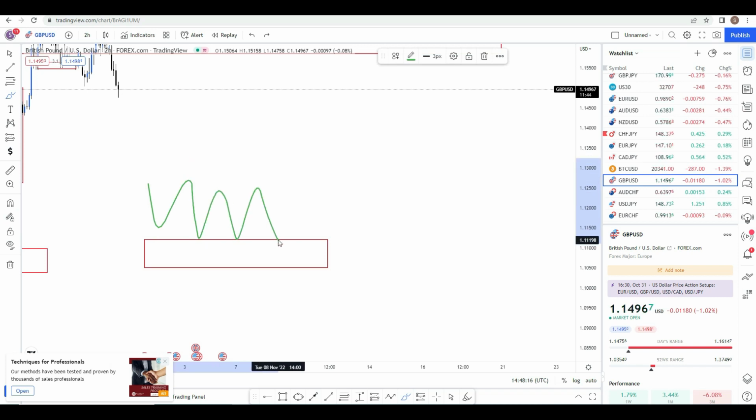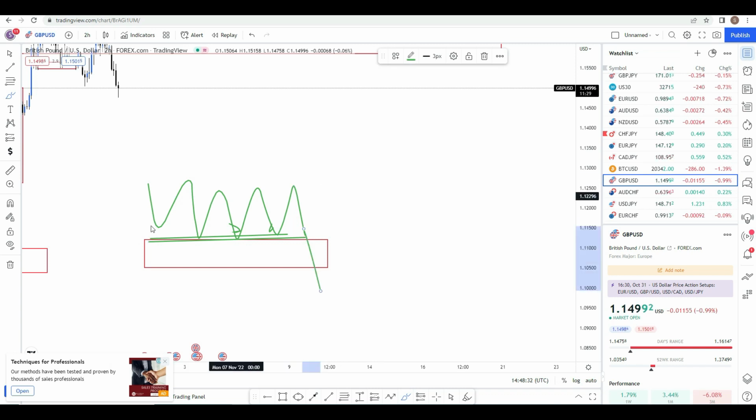When this happens, this means that chances of you actually trying to buy here are decreasing. Because when we have a base area being tapped into many times, that means we've got a probability of the market breaking that zone. So this gives us an edge, right? So that's what we have right here.